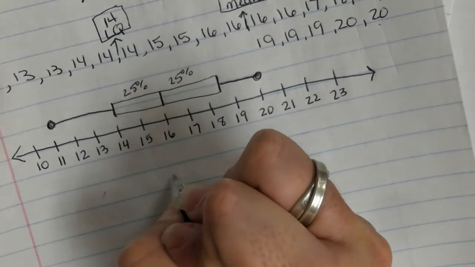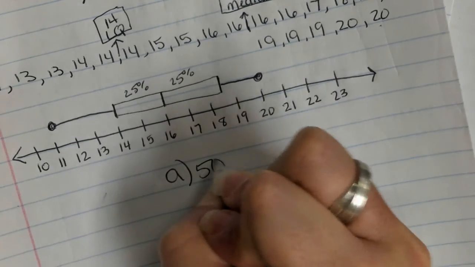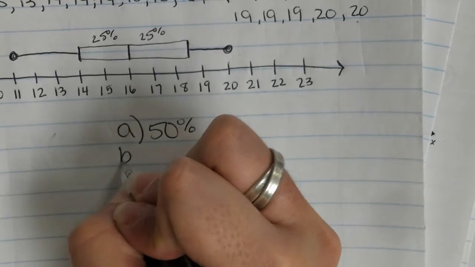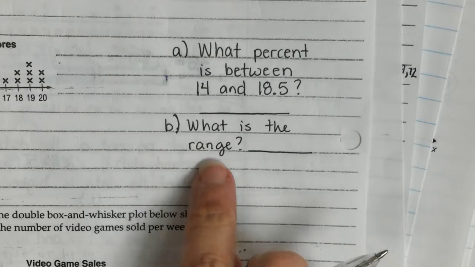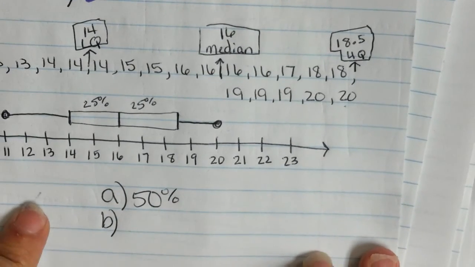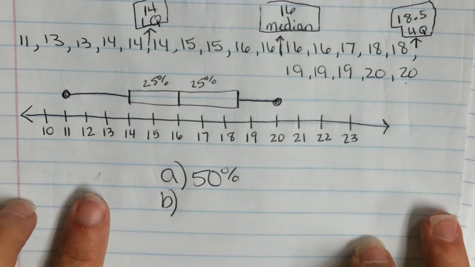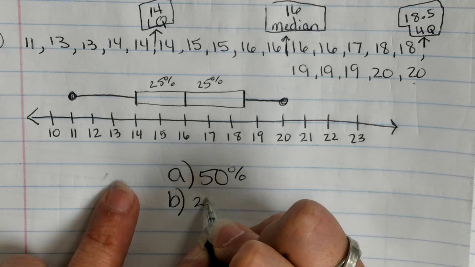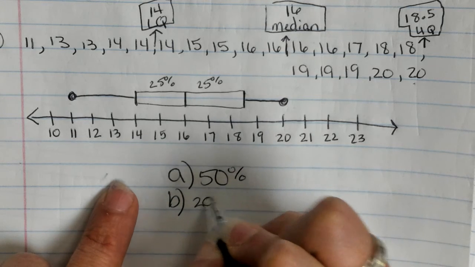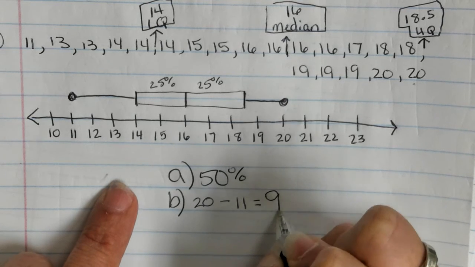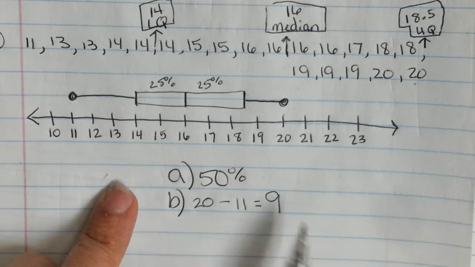So on number 2A, it is 50%. And on B, what is the range of this data? What's my biggest number? 20 minus 11, which is 9. 9 is my range.